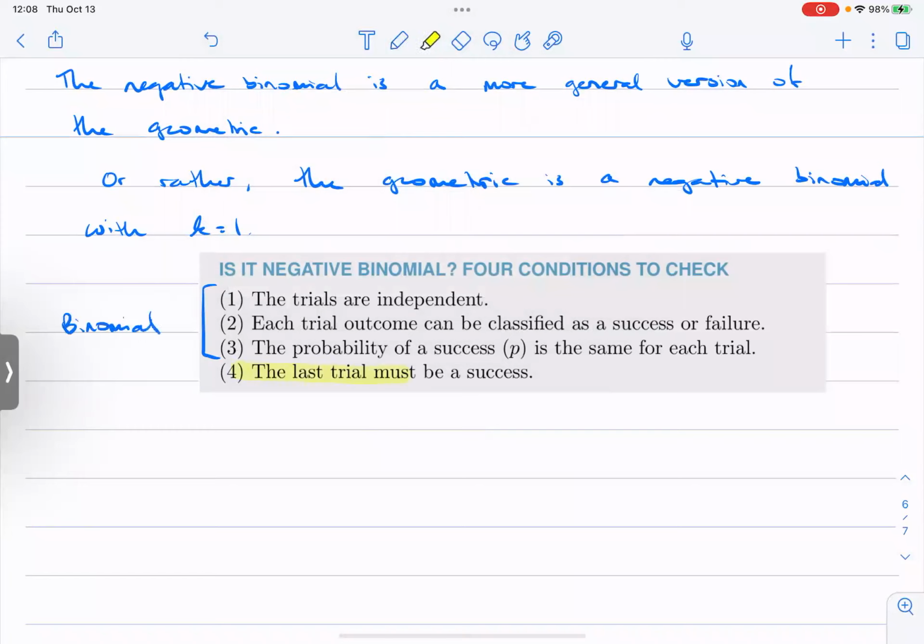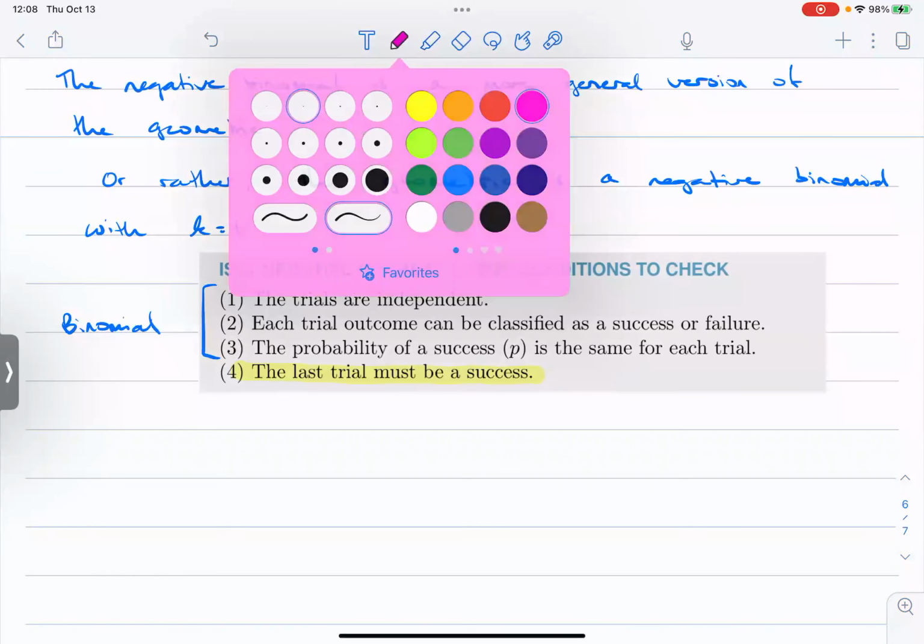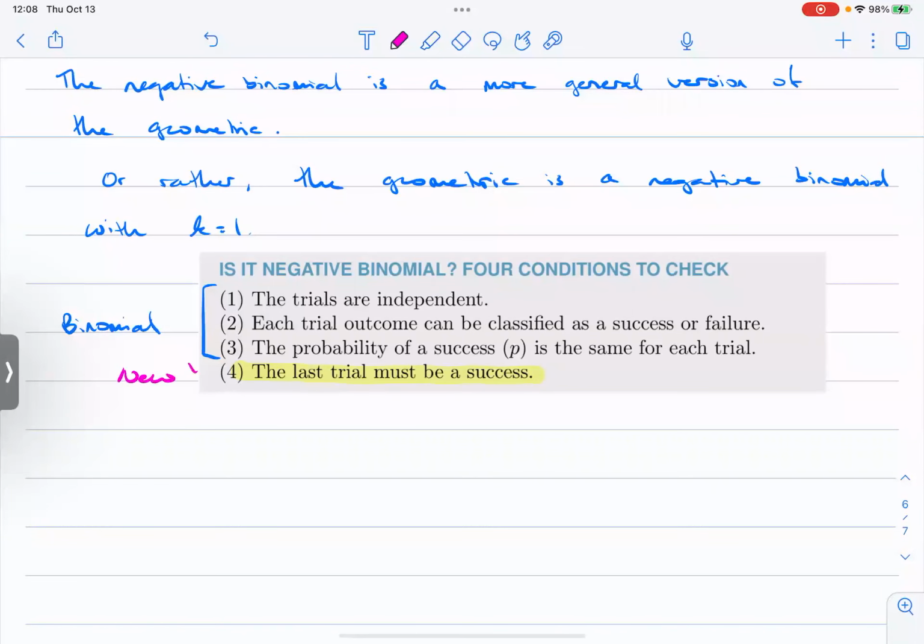And then this one is new: the last trial must be a success. I lump 1 and 3 into 1, saying that they're independent means that they're going to have the same probability, so I get lazy.